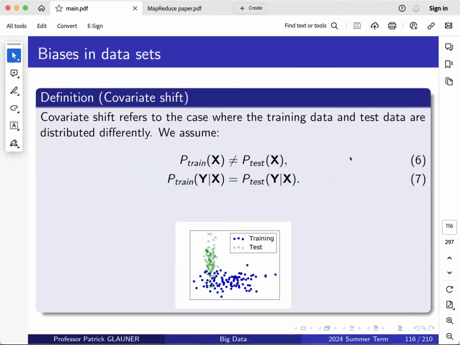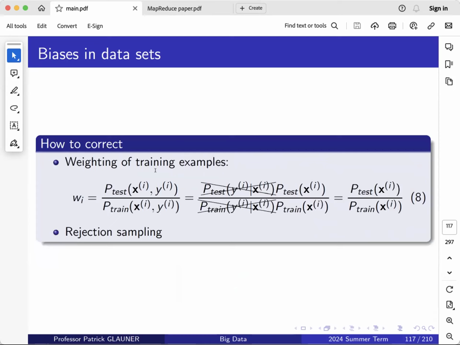And what I can do here again is break up this joint probability distribution, which is X and Y, and this time I break it up into a prior of X times a conditional probability distribution of the label given the data X. And we just assumed in the previous slide, again, that the label given the data is the same for test and training.